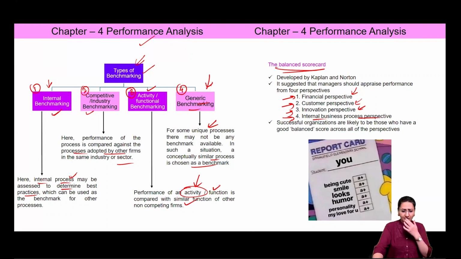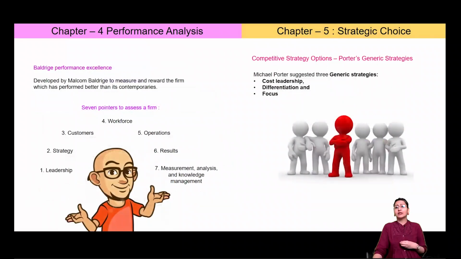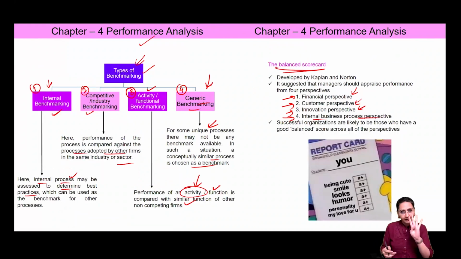There may be internal processes which do not allow people to innovate. Then your internal process is a problem. So balance scorecard is a mark sheet of a business under 4 perspectives: in numbers, from the customer's perspective, how innovative the business is and how well the business processes are built.